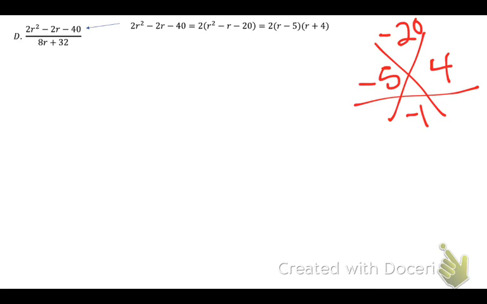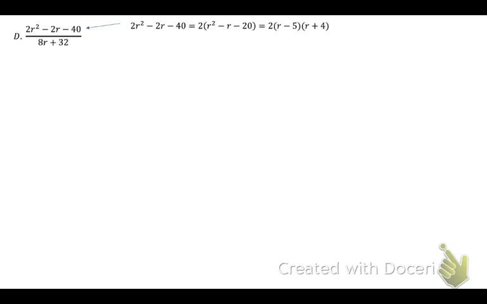Now, if we look at the bottom, so we have 8r plus 32. Always check GCF. I can pull out an 8 from both of those. So you're left with 8 times r plus 4.